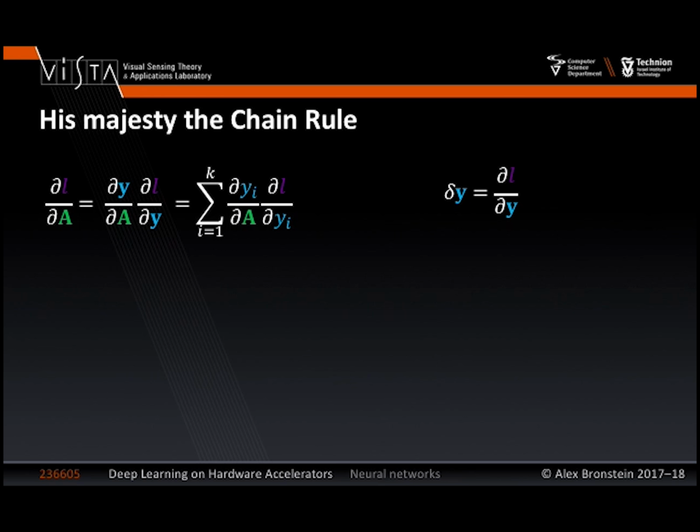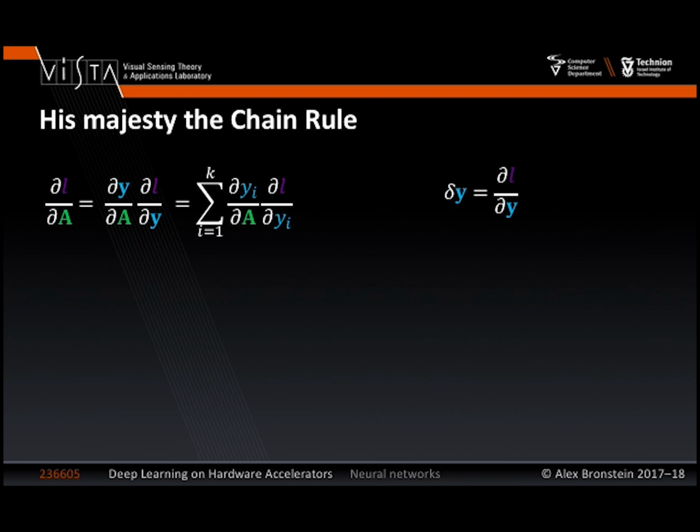Okay, so delta A will be dl over dA. Delta B will be dl over dB. Okay, so it's always the derivative of the scalar valued loss with respect to the parameter. So if A is, let's say, a 10 by 20 matrix, delta A will also be a 10 by 20 matrix, right? Because it's the derivative of the scalar loss with respect to that variable.